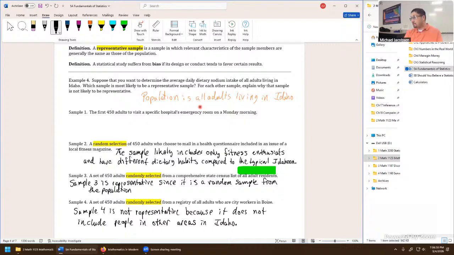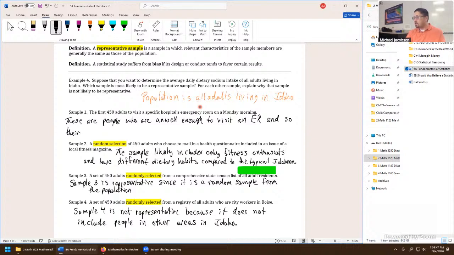I'll say briefly on this one, these are people who are unwell enough to visit an ER, and so their dietary habits do not coincide with the habits of all Idahoans.